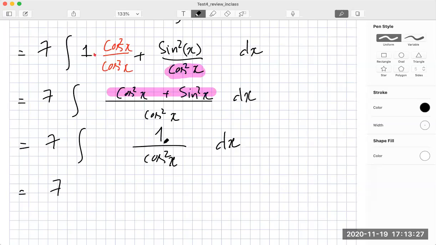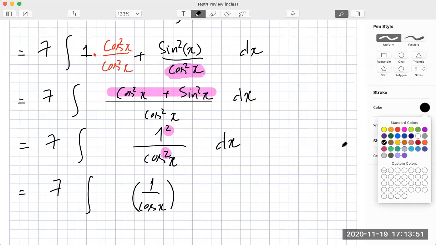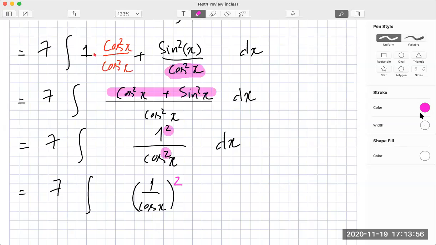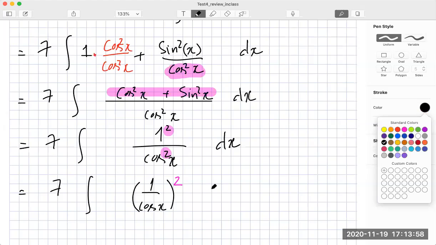But again, this 1 over cosine square is 1 over cosine, and 1 is 1 square. If they have the same power, the power rule tells us it will be the fraction raised to the same power 2, dx.